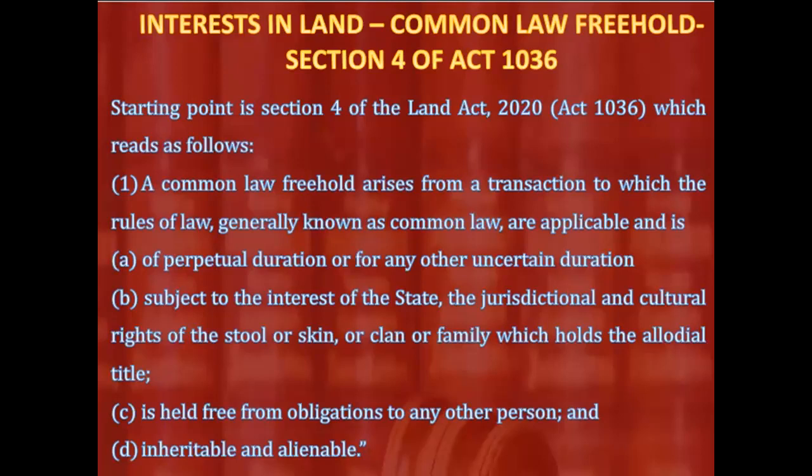And remember, we made a distinction between the common law freehold and the customary law freehold. We mentioned that the cardinal distinction is that the common law freehold arises from a transaction that is governed under the common law. And then we also looked at the 3 different categories of common law freehold that we can have.